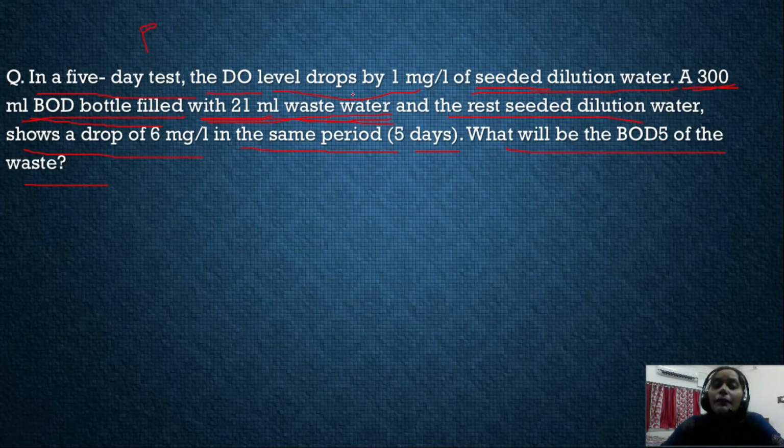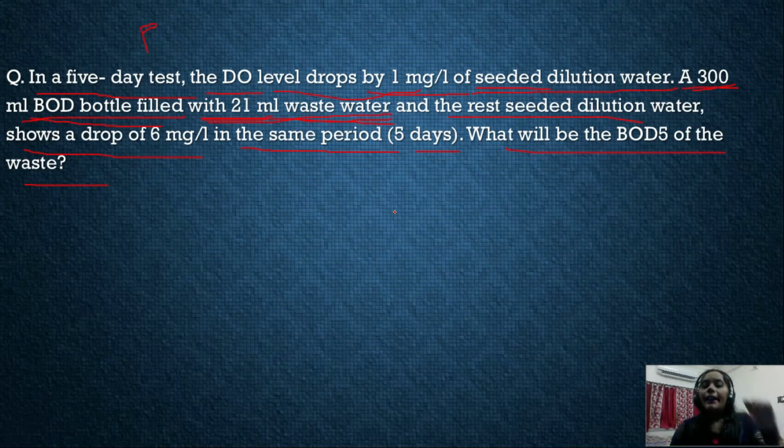Okay. Now one more thing. Look here. DO level drops by 1 milligram per liter. Mind it, here we don't have the initial value. We don't have the final value. Only the dissolved oxygen level drops by 1 milligram per liter. Now what is this 1 milligram per liter? This is how much the dissolved oxygen drops, the decrease of dissolved oxygen, that data is given. Understand? So how can we get this?